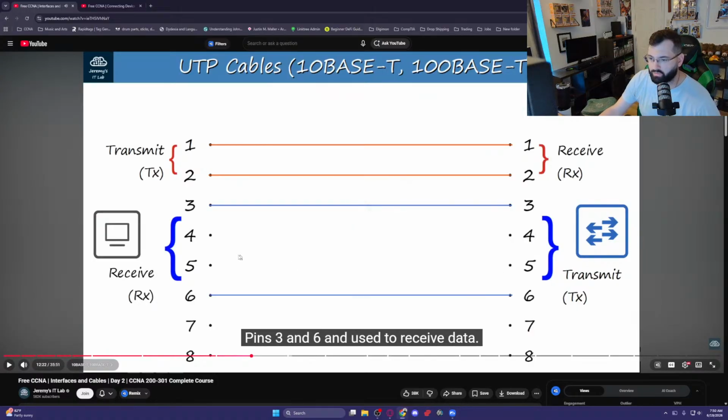So this is the part that confuses me. On the PC, 4 and 5 receive data, but over here on the switch, it transmits the data. I think some of this stuff is so dumb. Why would you need two different ends of a cable?